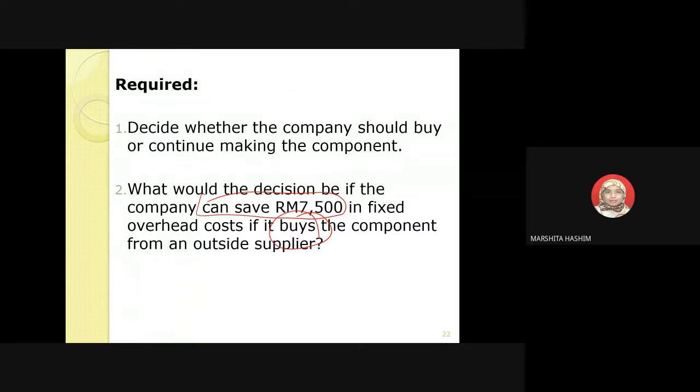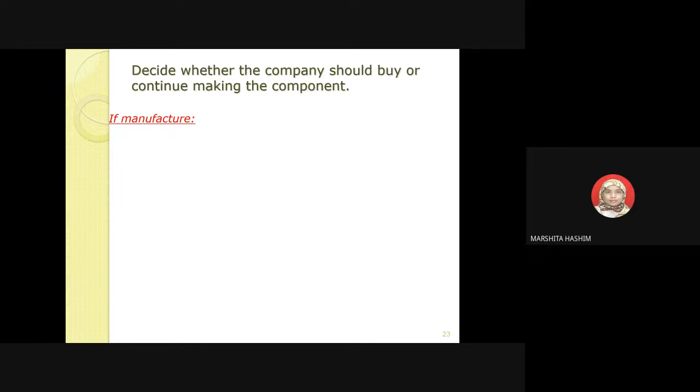That means if the company buys the component, they have additional benefit of 7,500. But if they manufacture, they still incur the same cost as the first requirement.